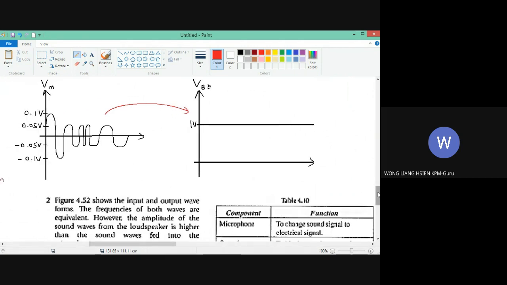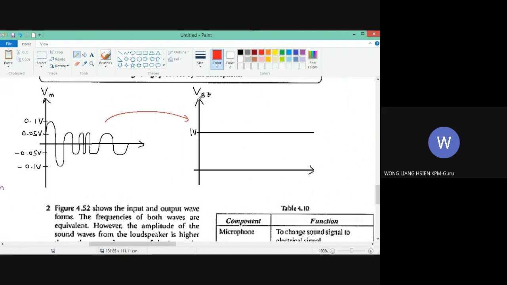So, for example, 0 volt increases until 0.1. So this will increase until 0.1. For example, this voltage of the base emitter will change.